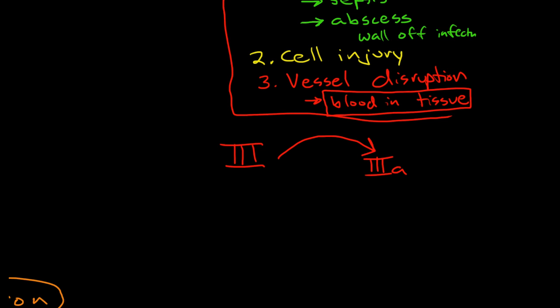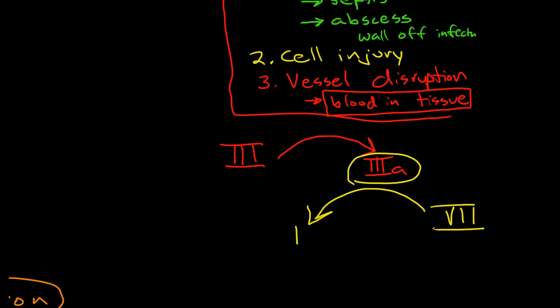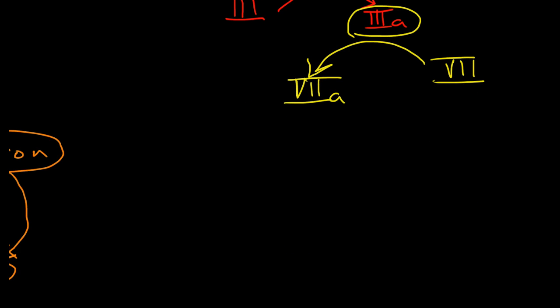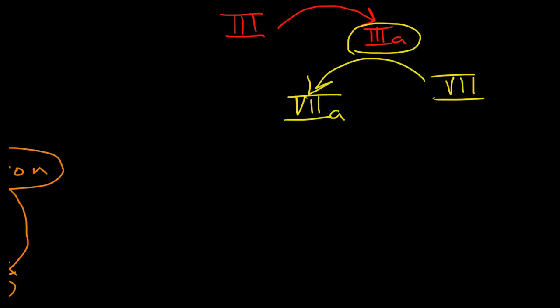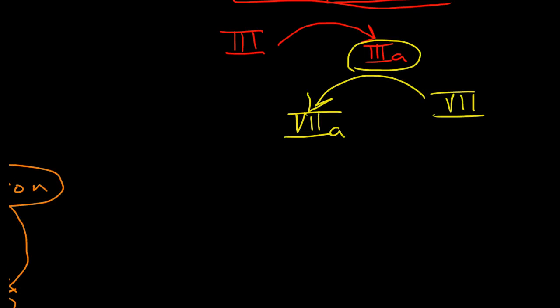Now the active form, factor 3A, will cause factor 7 to turn into its active form, 7A, and then 7A will cause factor 10 to turn into 10A.